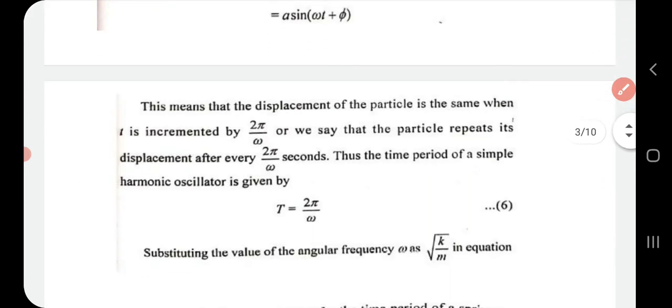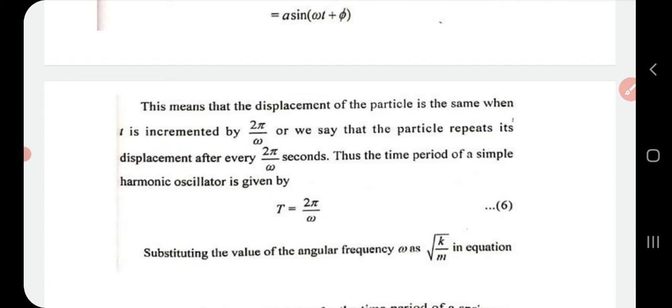Now this means the displacement of a particle executing simple harmonic motion is the same when t is incremented by 2 pi by omega. That is, the displacement of the particle at time t will be the same as the displacement when time is increased by 2 pi by omega.